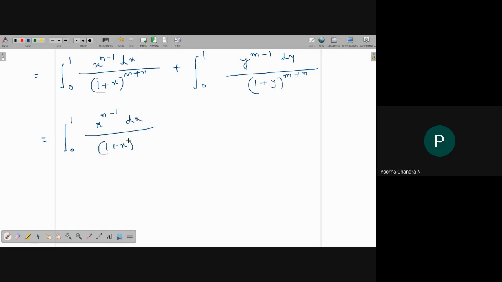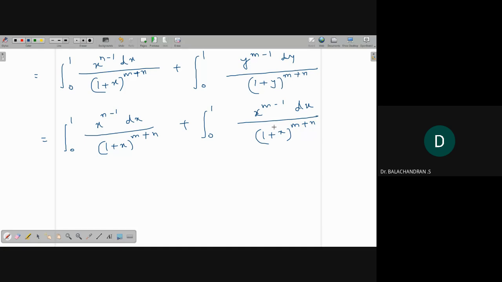X power m minus 1. Very good. X power m minus 1 dx divided by 1 plus x whole power m plus n.